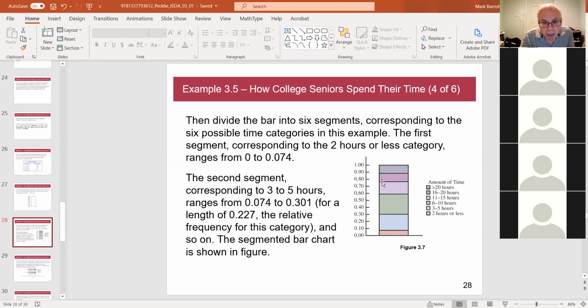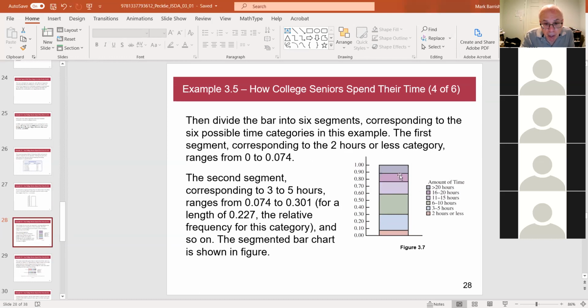For example, here, if you look at the purple one, the second one from the top, you can see that if you subtracted the relative frequency from the top of the segment to the bottom of the segment, it looks like about 0.1. So about 10% of the people picked between 16 and 20 hours.